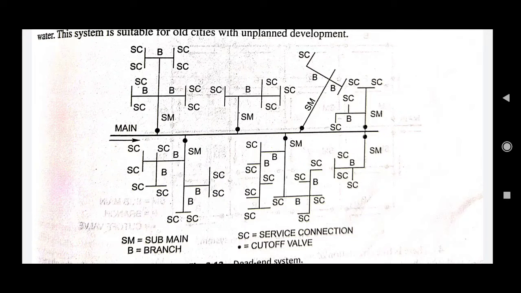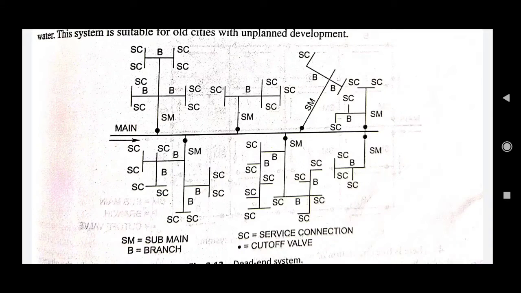It is not a necessary condition that the sub main should be perpendicular to the main. It can be inclined to the plane, it can be perpendicular to the plane, depending, as I said, upon the requirement and the manner in which the city has been developed, right? The mains and sub mains will have a higher pressure, so the water cannot be directly supplied to a home or to a tap from the main or the sub main.